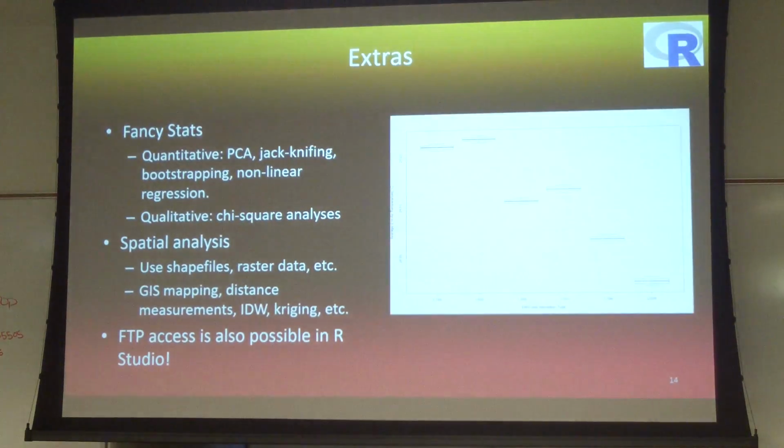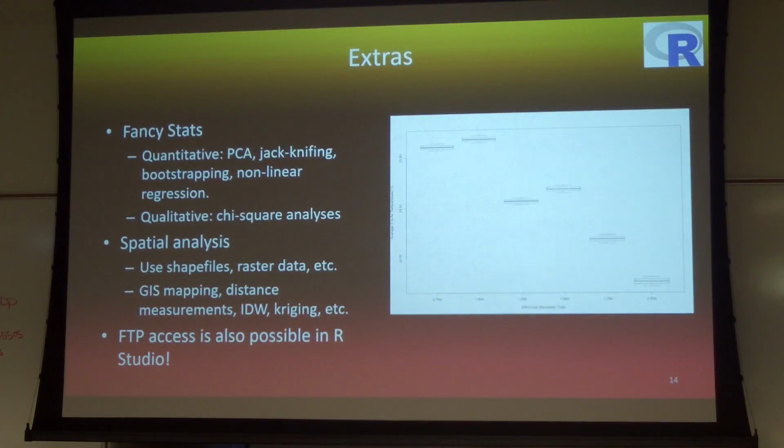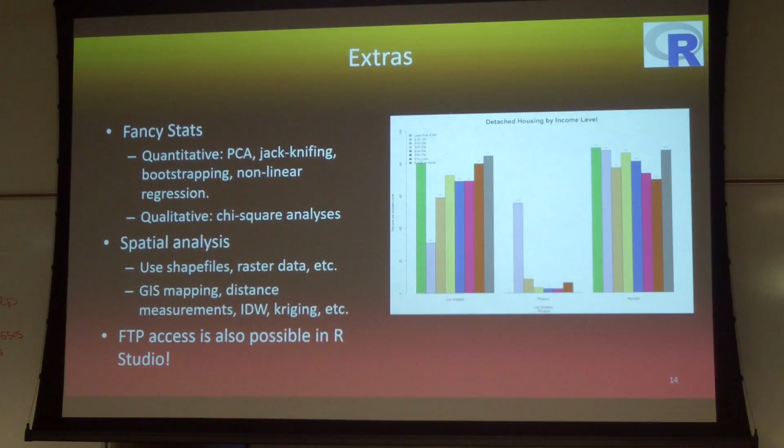So here's just a few files. This is from bootstrapping. I created confidence intervals of data with that. This is qualitative data that I was setting up for chi-square analyses, though this is not actually the analysis itself, but the precursor to that. So looking at how housing type varies by income.